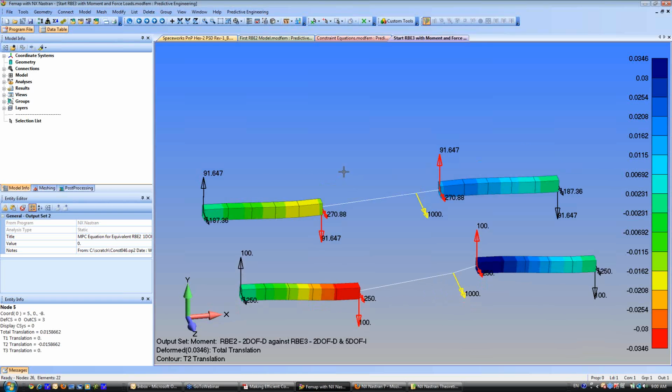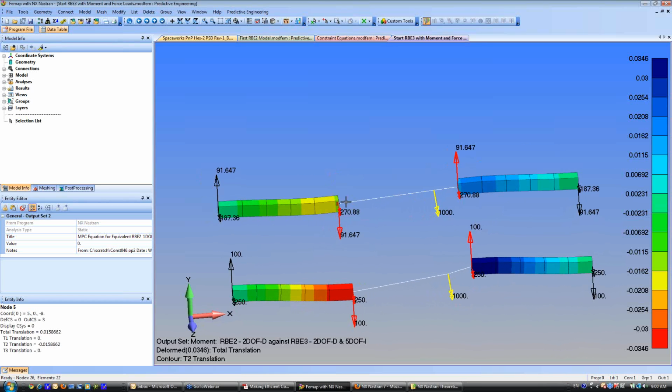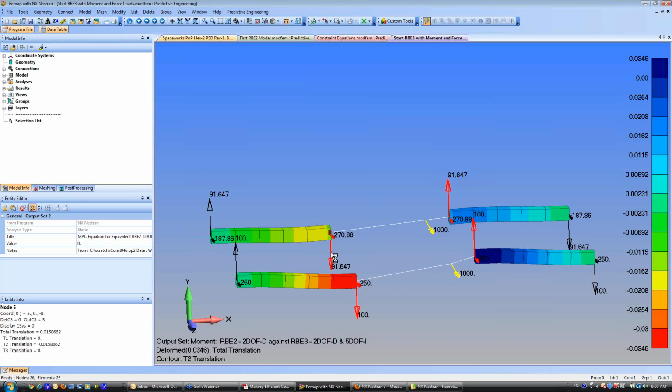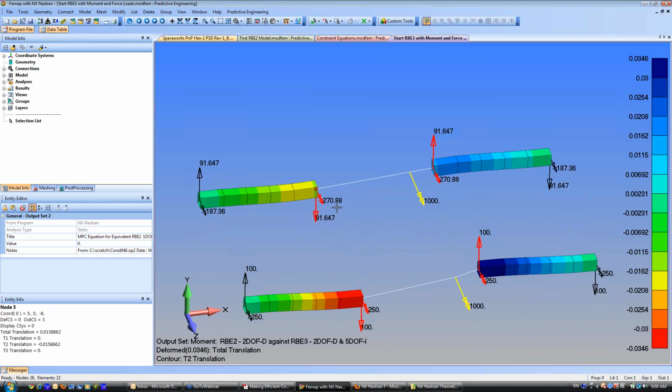And the reason you can't is because this model here has a rigid link within it. And this rigid link is enforcing to keep this face flat and this face flat. So these numbers here are based on this rigid link implementation. And it's just not a straight sum of forces, sum of moments.